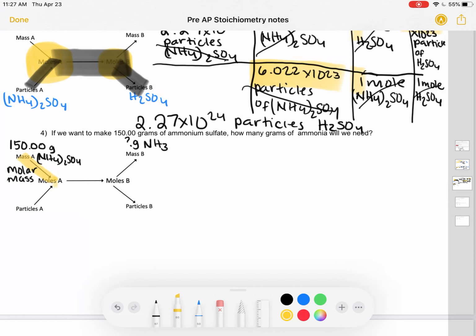Then we're going to use our mole ratio to get to moles of ammonia. Then we're going to use our molar mass to get to grams of ammonia.